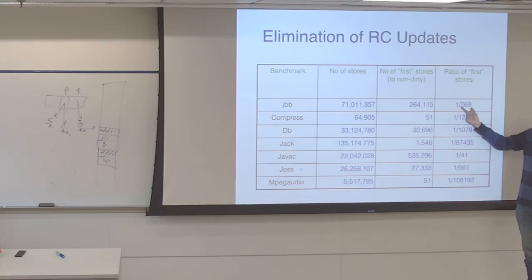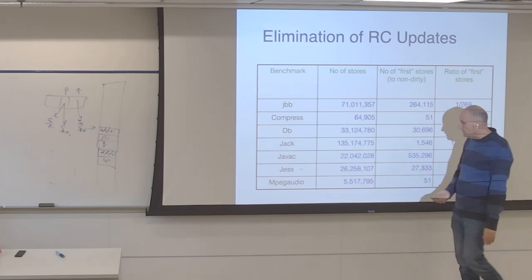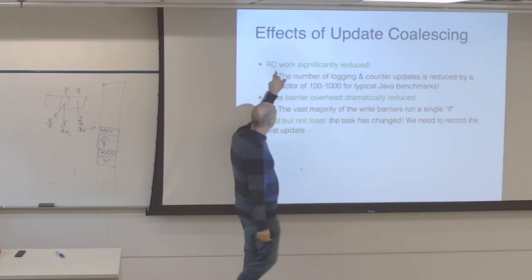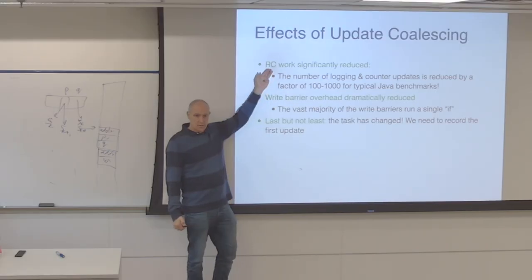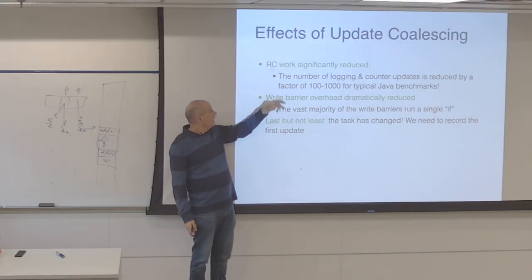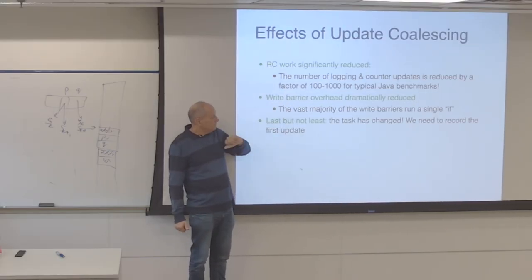Now, in 1/269 of the cases, I will have to do a decrement and an increment, but for all the others, I will not do it. So I'm removing, with these telescopic series, the vast majority of reference count updates.